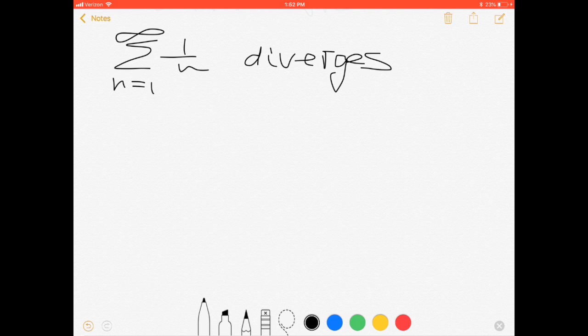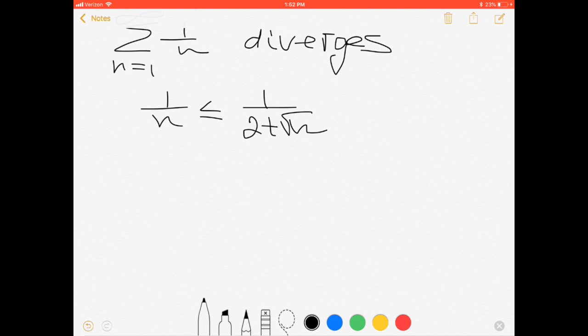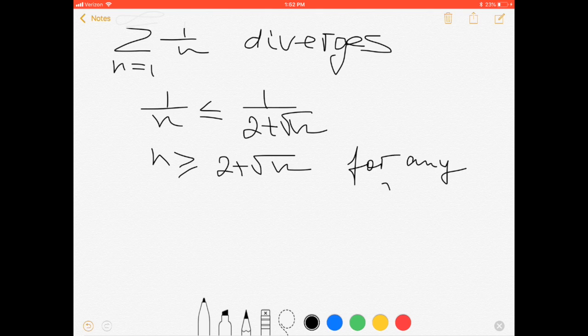What do we have here? We have 1 over n is less than or equal to 1 over 2 plus square root of n. Is it true or not? Let's check. Because both fractions are positive and the numerator of both is equal 1, this inequality means n is greater than or equal to 2 plus square root of n. It's true for any n greater than or equal to 4.